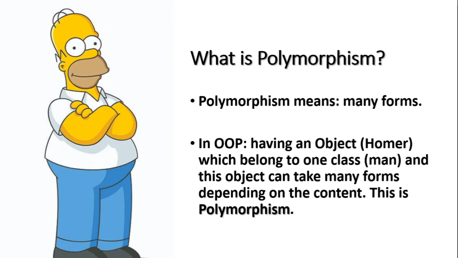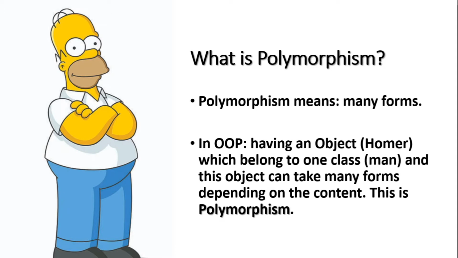This object, Homer, can take many forms depending on the context, and that's basically what polymorphism is. When you have an object and that object acts like it belongs to different classes, depending on the situation that object is in, in object programming we like to call it the context of the object.